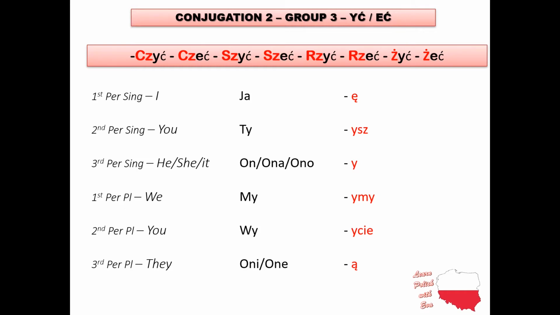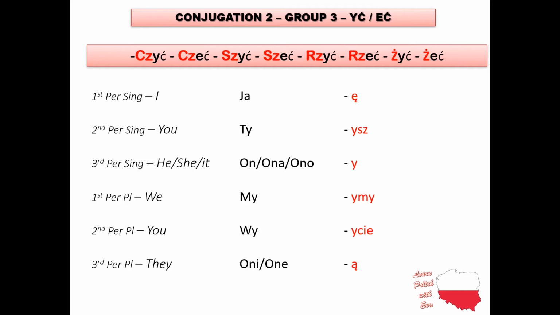There is a slight difference in the endings, as you can see. The first person singular and third person plural don't change. They have the special Polish vowels ę and ą, whereas the rest of the persons just change the letter I to letter Y. So the endings are ę, ysz, ymy, ycie, ą.